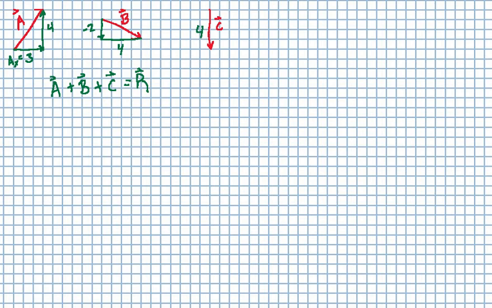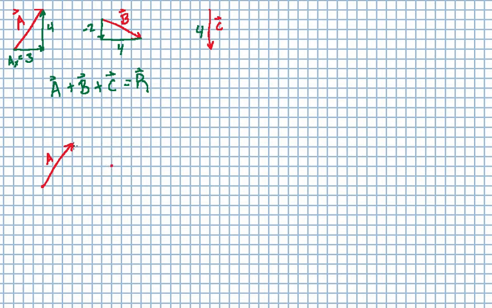Let's add these graphically. Graphically speaking, we've got vector A where we go over 3 and up 4. So vector A will look like this. So there's A. And then we can do plus B, which is over 1, 2, 3, 4, and down 2.